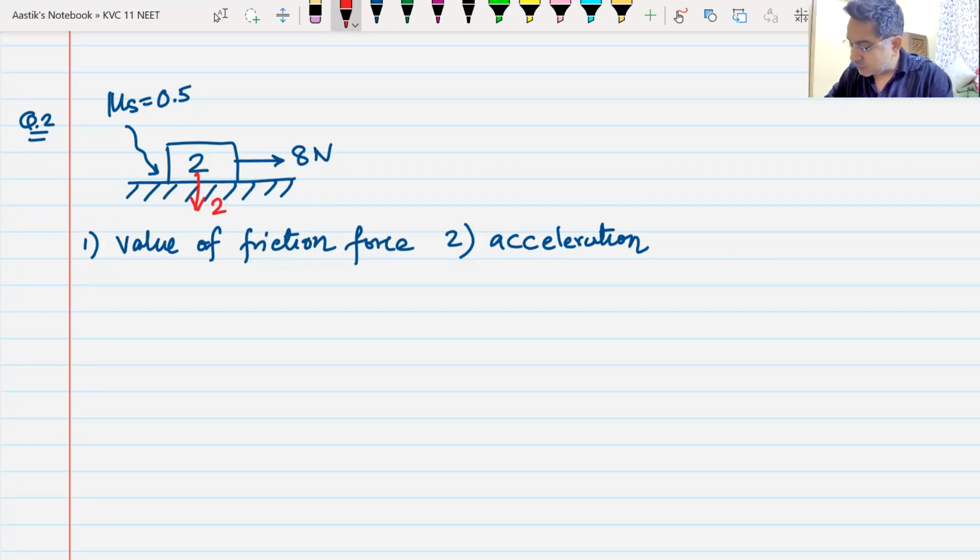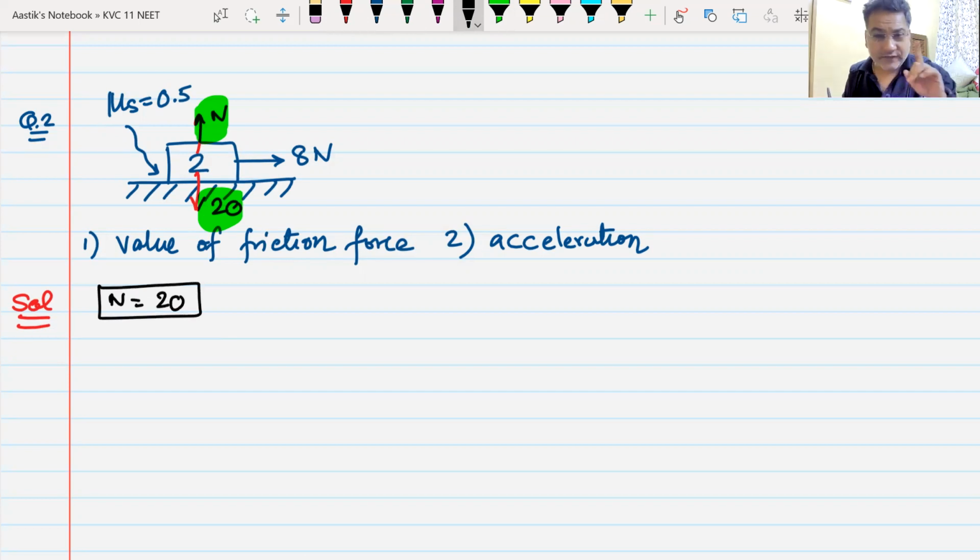This is 20. This is normal reaction N. We can find out the value of normal reaction. How much will be normal reaction? Anyone? 20. Normal reaction is going to be 20 newtons.